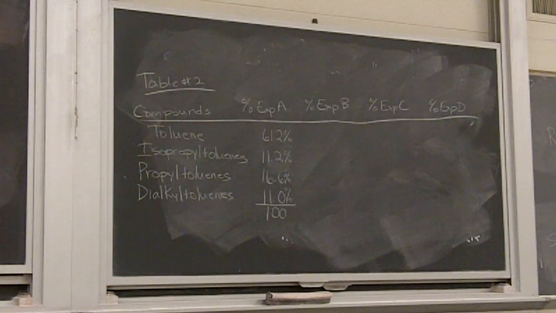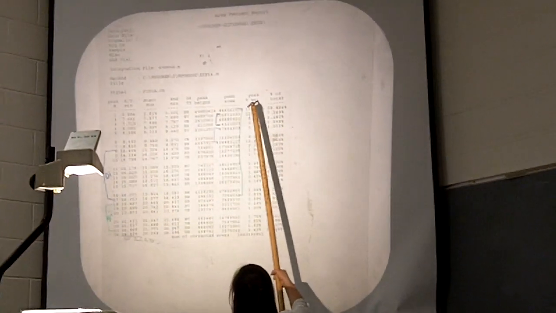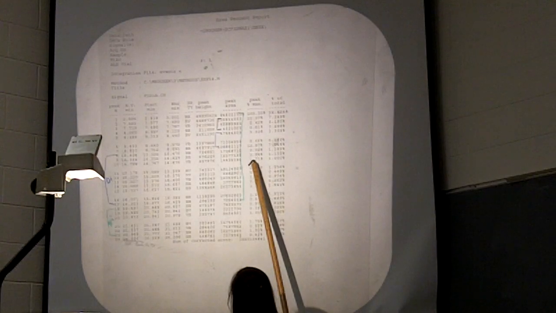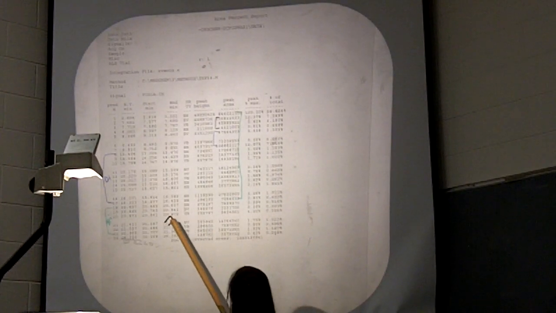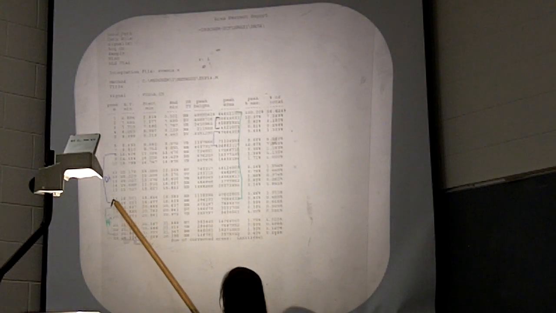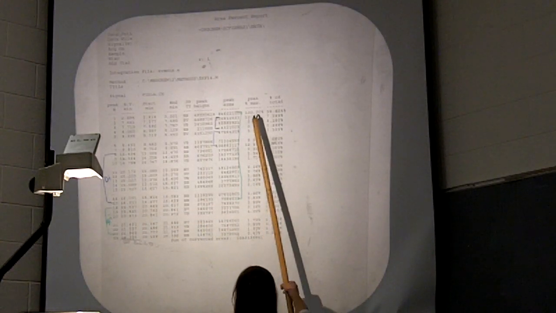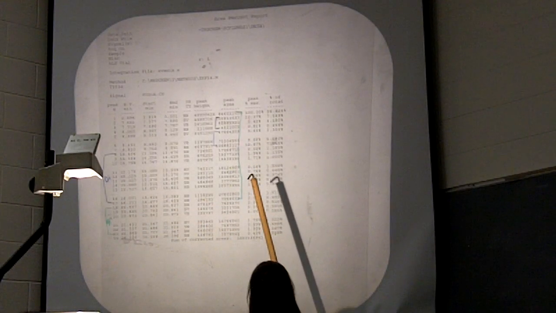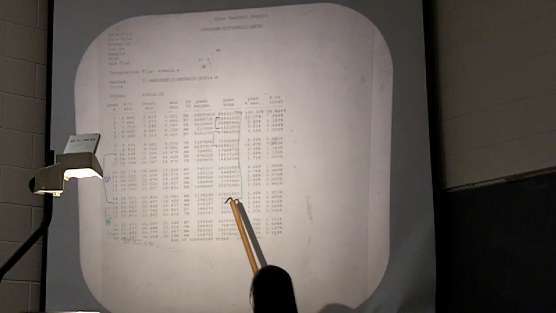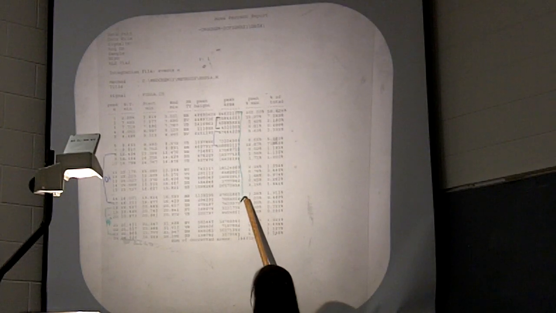And so we are just looking at basically all of the peaks here, and then down into the dialkylated toluenes, okay? So you're not really looking at the trialkylated toluenes, so just these peaks here.